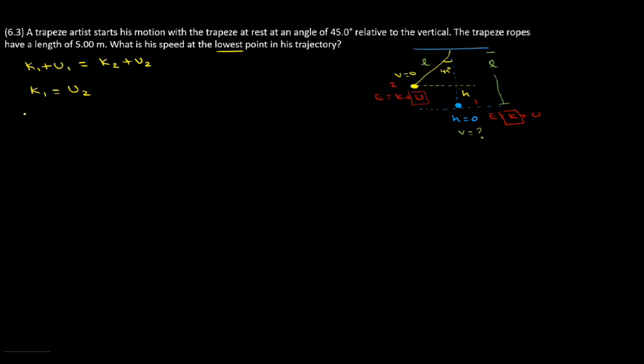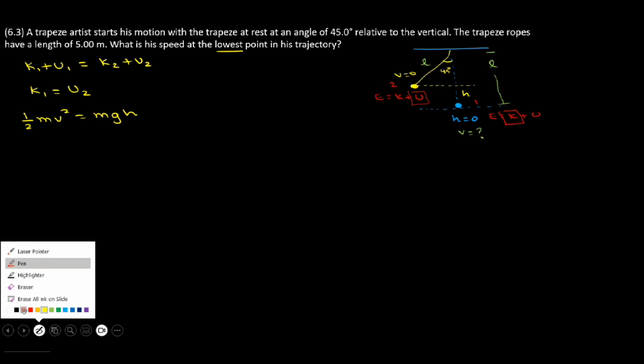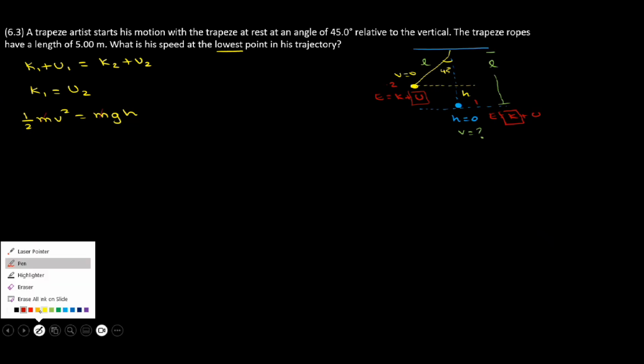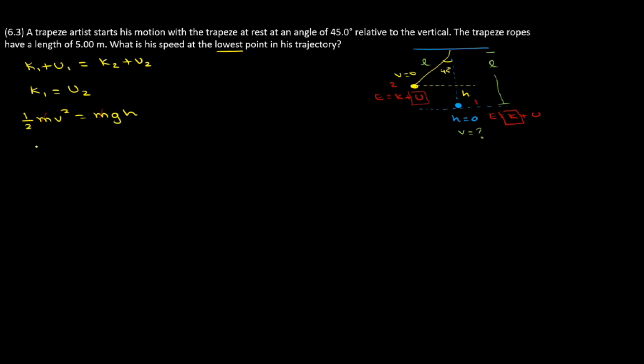Kinetic energy I can write as half m v squared, and potential will be m g h. I can cancel off the m's because they are common. We get v squared over 2 equals g h. Multiply by 2, so v squared will be 2gh.